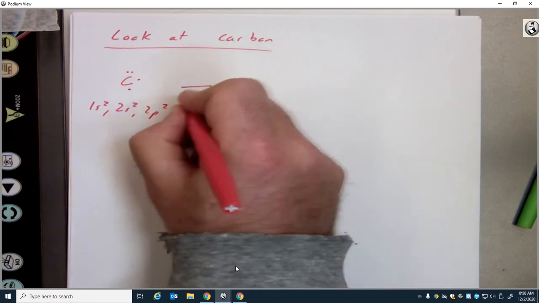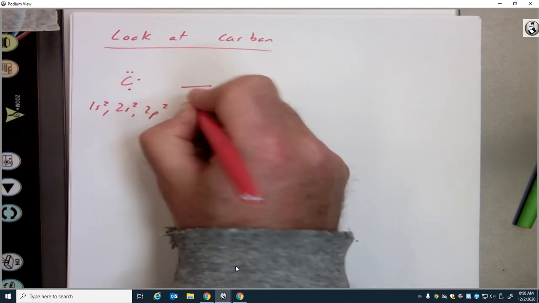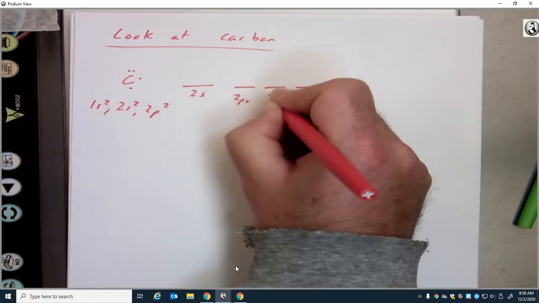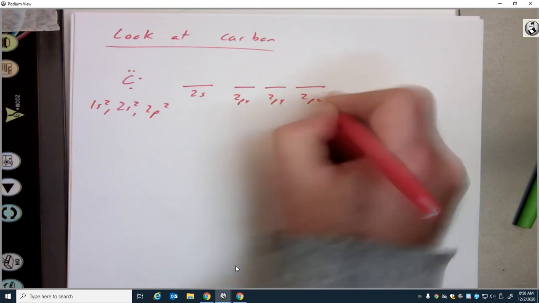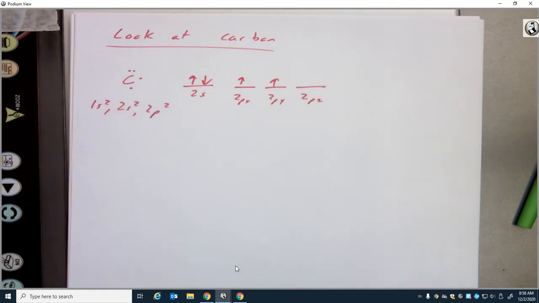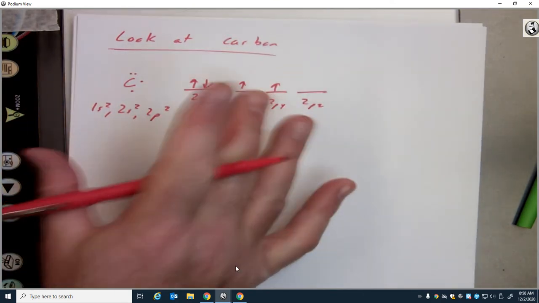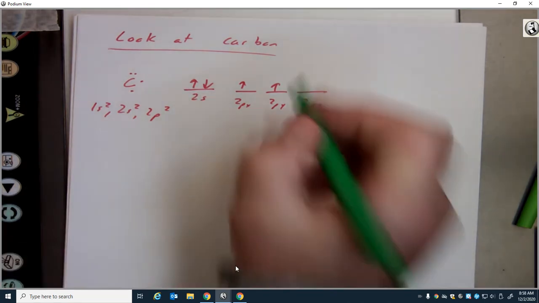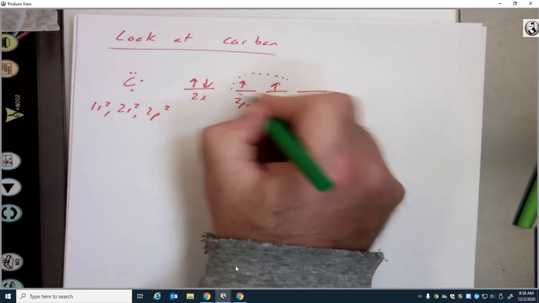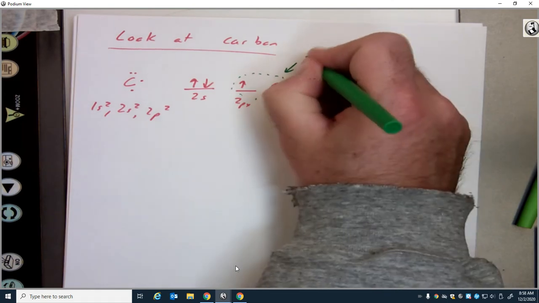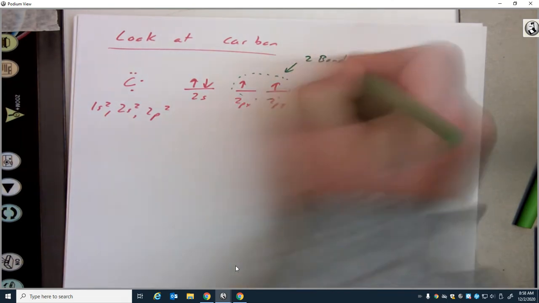So this would be our 2s, 2px, 2py, 2pz. We have an up-down, and an up, up. If we just look at this, how many bonds does it look like carbon wants to make? It looks like there's only 2 electrons that it wants to share, so it looks like it only wants to make 2 bonds.